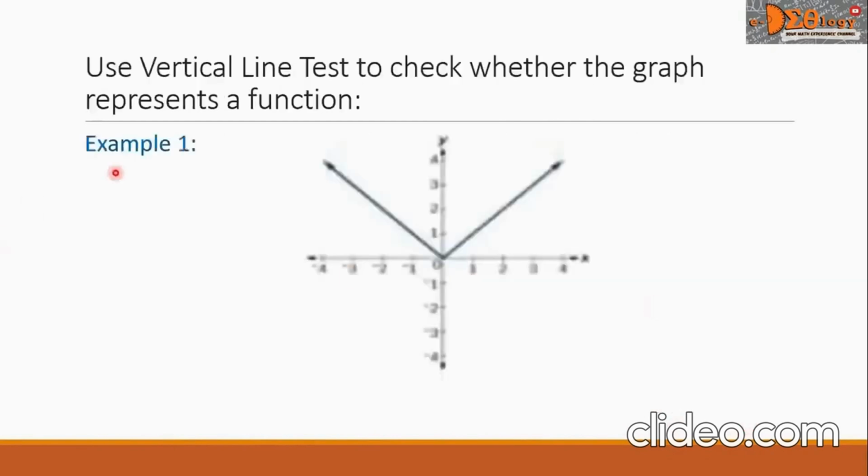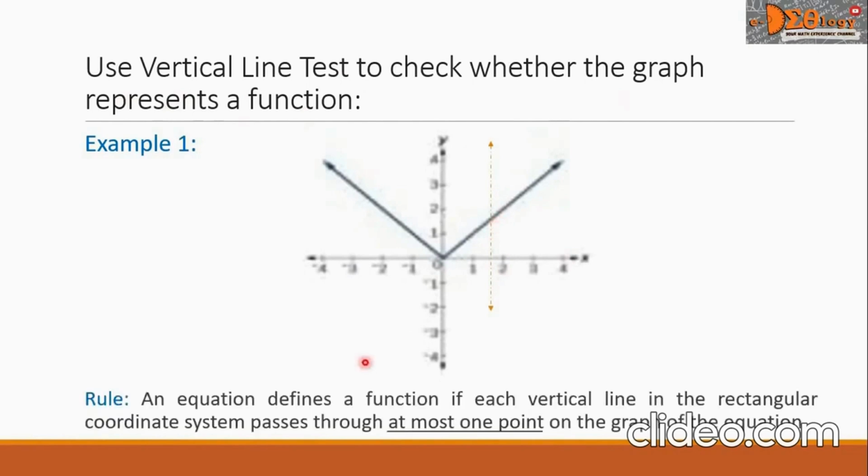This is example 1. Use the vertical line test to check whether the graph represents a function. This is the graph. Let us draw a vertical line anywhere on the graph. So we have one vertical line here, and we can see that it touches the graph at one point.